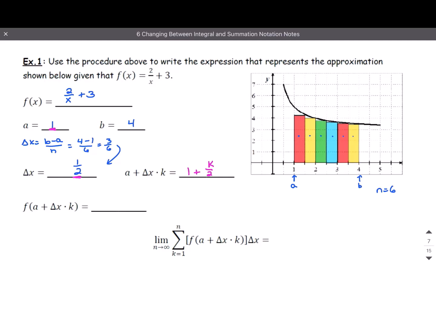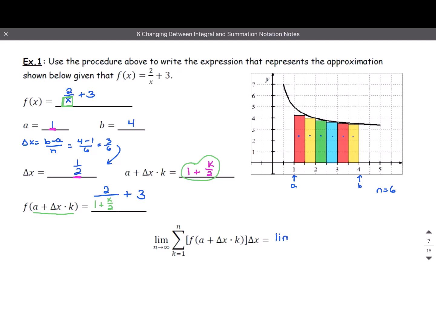Now, we're going to find f of this. So we're going to take this a plus delta x times k, and we're going to substitute that into f of x every place there was an x. So our f of x is 2 over, now instead of x, we're going to write 1 plus k over 2. Then the rest of the function was plus 3. Now we're ready to write our limit.